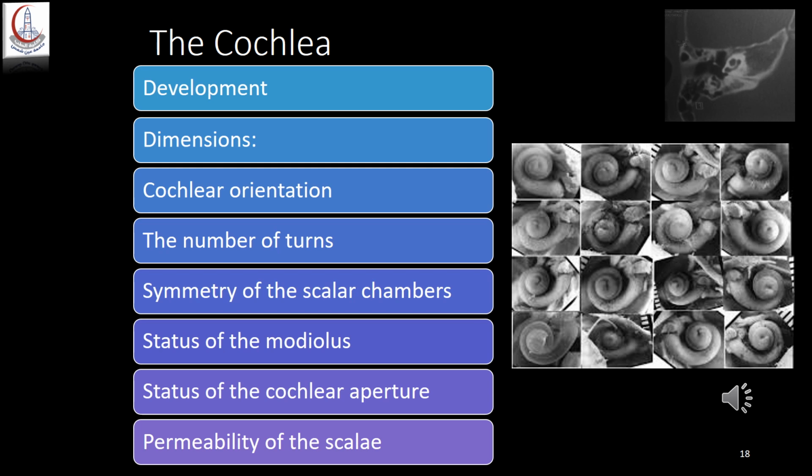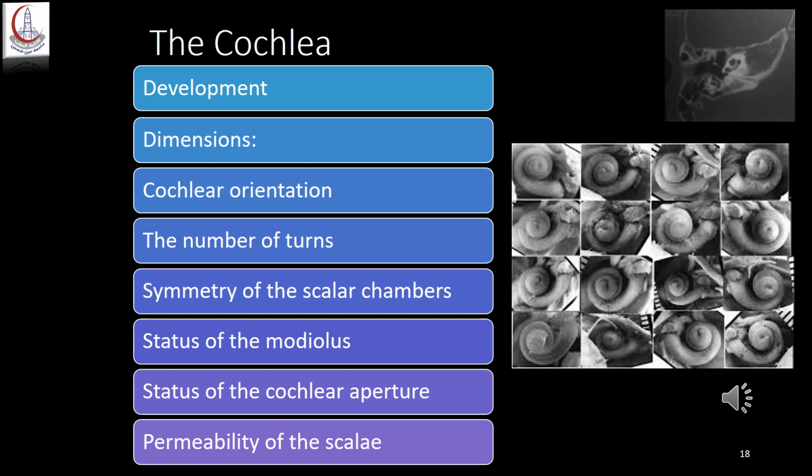Next is the cochlea. And as you know, each person has a unique cochlea, and actually both sides may not be symmetric. So we have a wide array of cochlear configuration, and we have to know this radiologically. And as you know, the cochlea has a bony shell and an inner soft tissue component with fluids and membranes and so on and so forth.